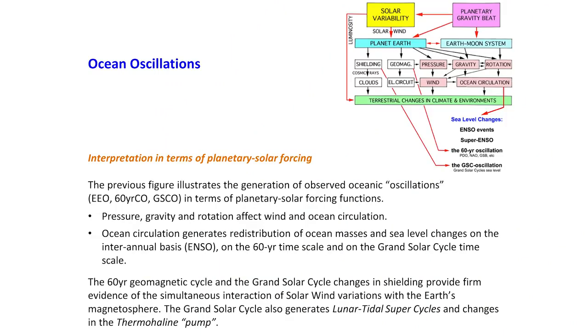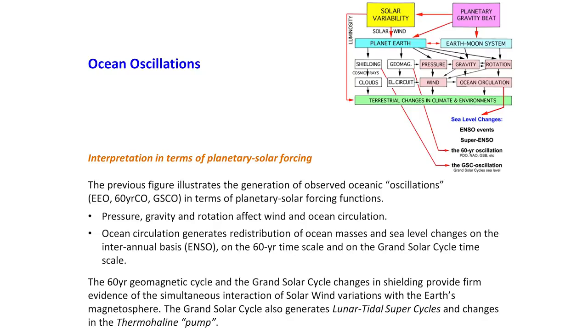Ocean oscillations. The previous figures illustrate the generation of oscillation. Pressure, gravity, and rotation, ocean circulation. The 60-year cycle and ground solar changes in shielding provide firm evidence of the simultaneous interaction of solar wind with the Earth's magnetosphere.